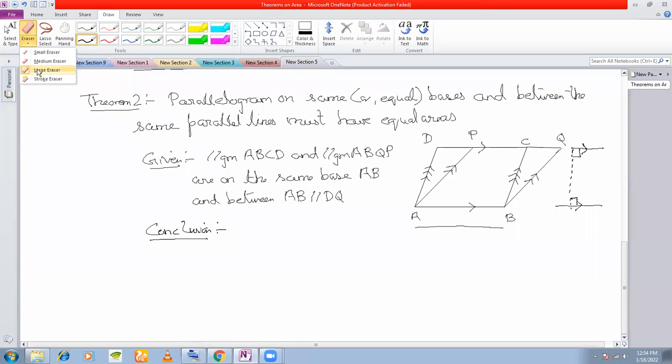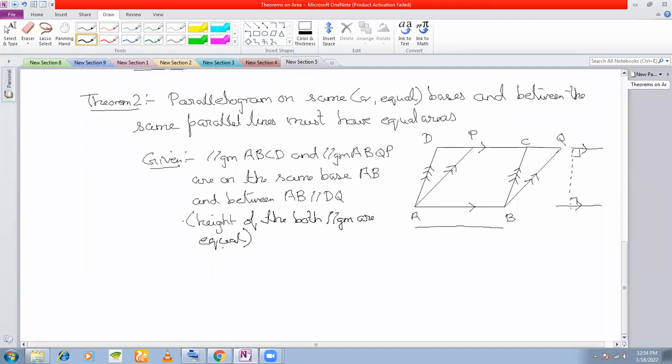Let me write here. Base is the same, and height of both parallelograms are equal.